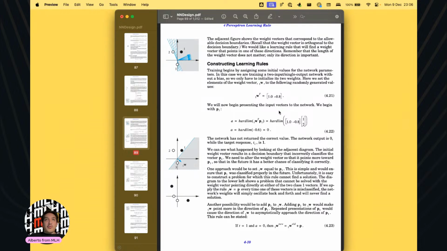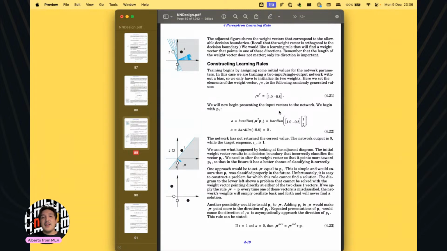This learning rule for the perceptron is going to be under the criteria of supervised learning. What does that mean? Supervised learning is the type of machine learning that is based on values and targets. So you will say these values should have these results.